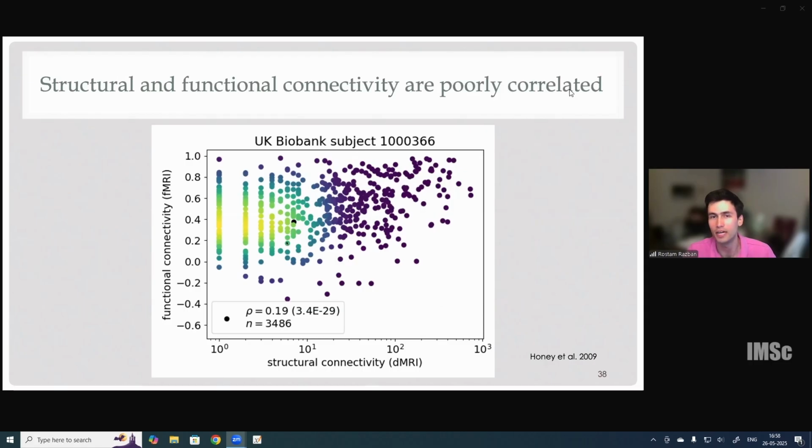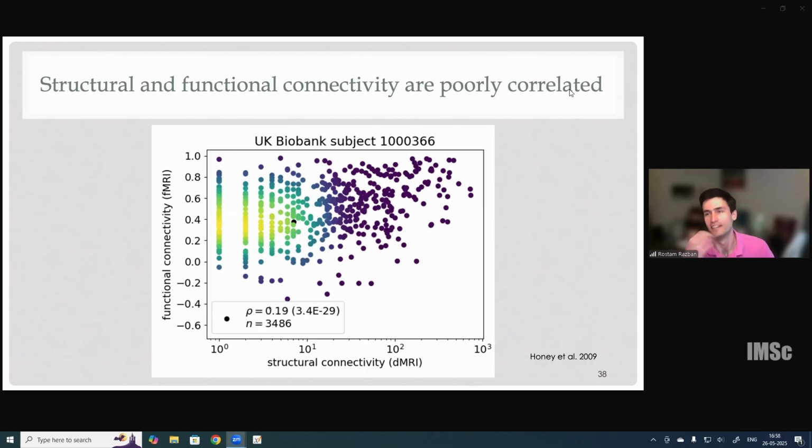And when we do that for this one human subject, so this is around n times n minus 1 divided by 2 edges, when we correlate the structural connectivity with the functional connectivity, we see a significant result, but we have a pretty large number of data points, and the effect size is not that big.